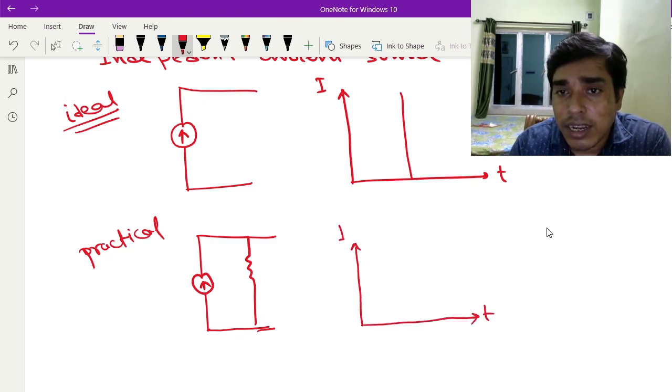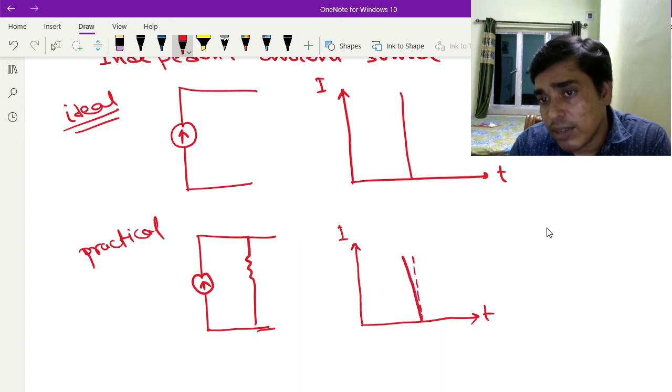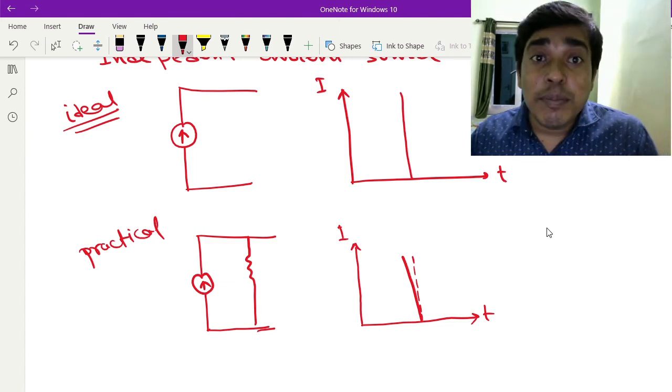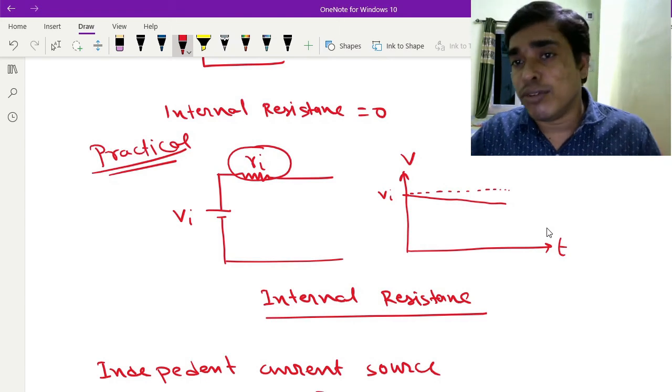So in this condition, it will be in this way. So it is the practical independent current source or practical independent voltage source.